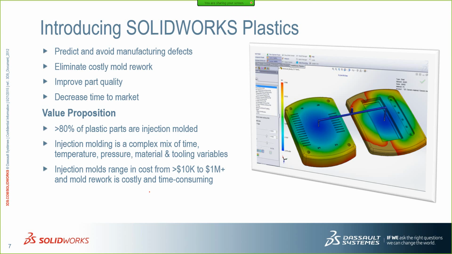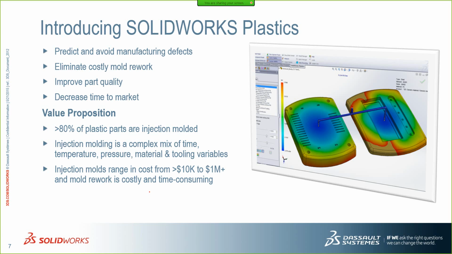And if you see it in terms of applications, almost more than 80% of the parts are manufactured using plastic injection. I mean in the plastic parts, different kinds of plastic parts. Of course, injection molding is a complex process, and yet we are aware of a few important parameters like temperature, pressure, material, and tooling variables which we can play with and get the right part.